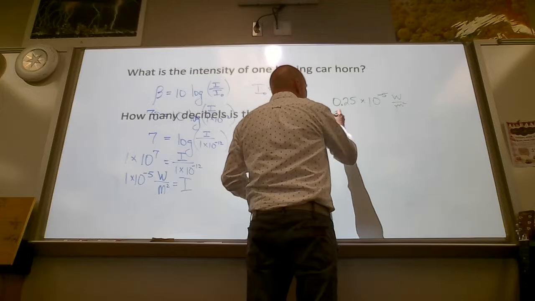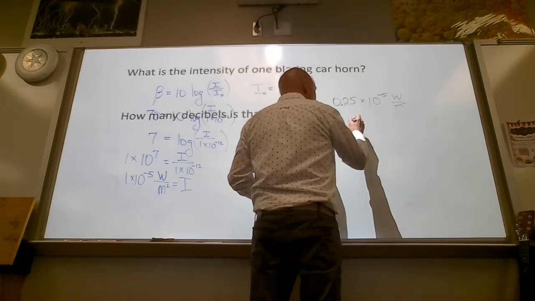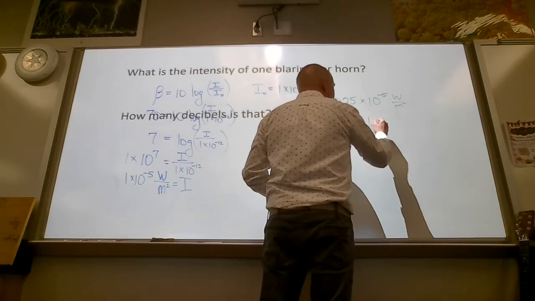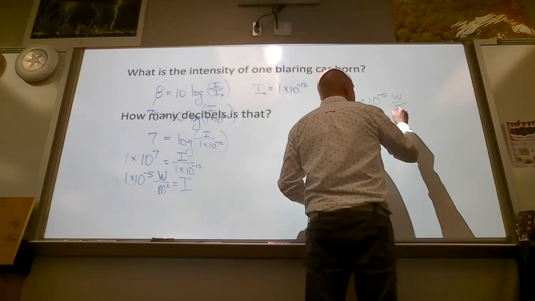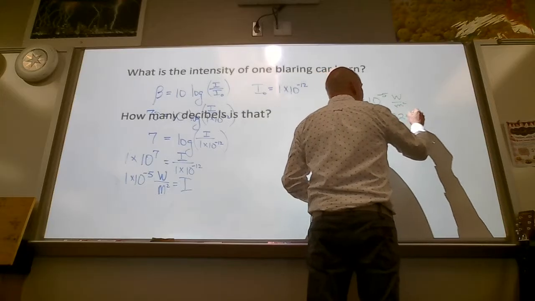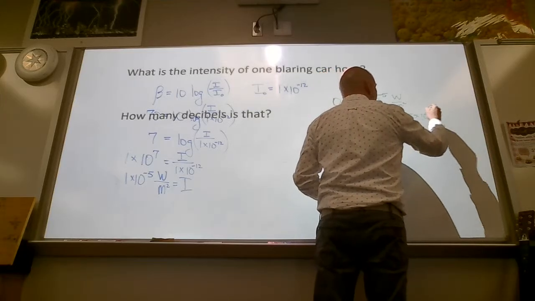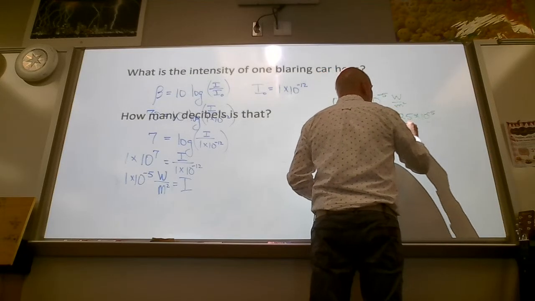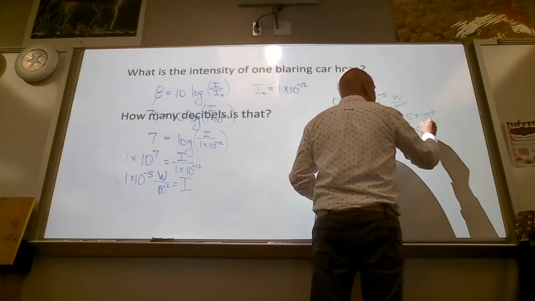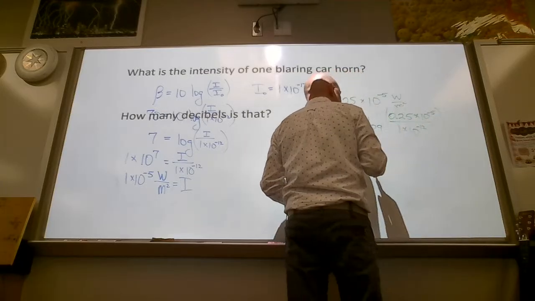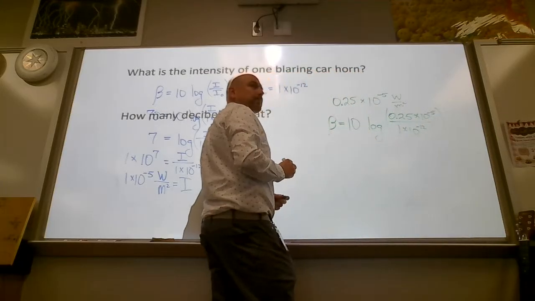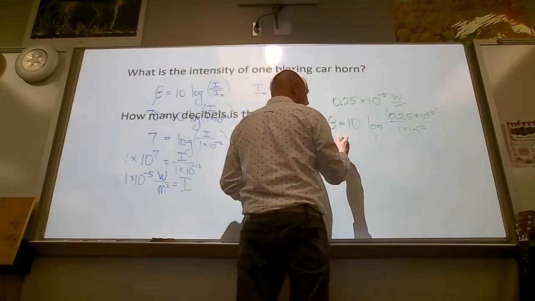Okay, so we're looking for our decibels. All right, 10 times log of 0.25 times 10 to the negative fifth over 1 times 10 to the negative 12th. Do that in your calculator.